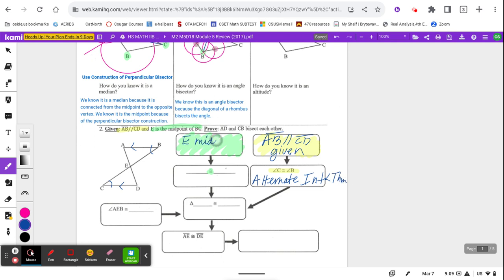E is the midpoint of BC, given. And if E is the midpoint of BC, it means this little side is equal to this little side. So we can say CE is congruent to BE by definition of midpoint.